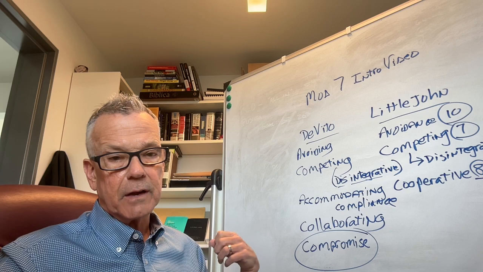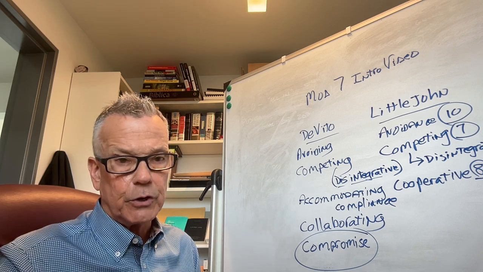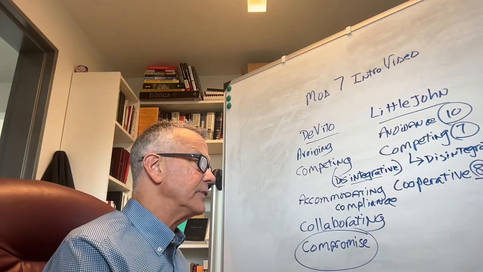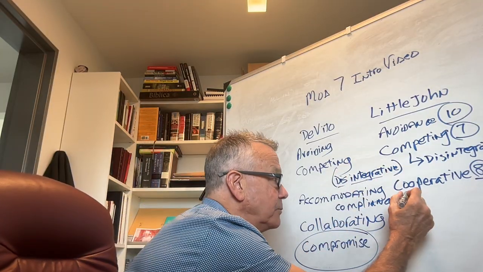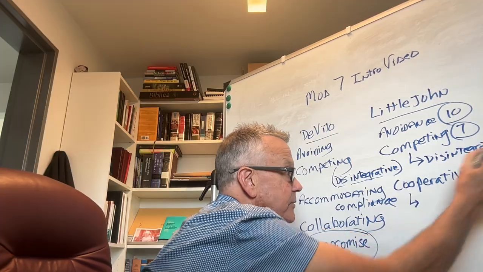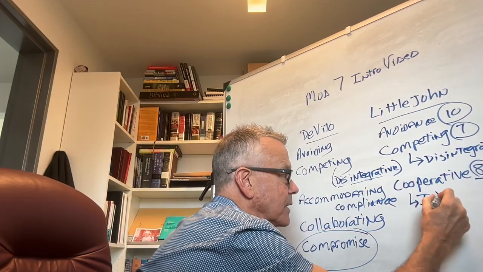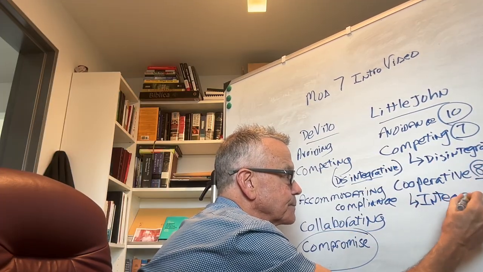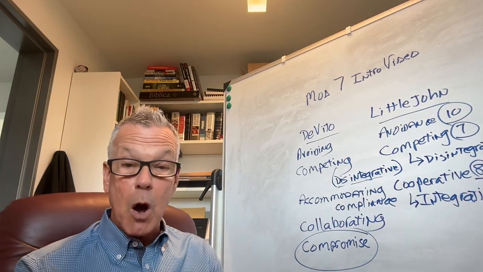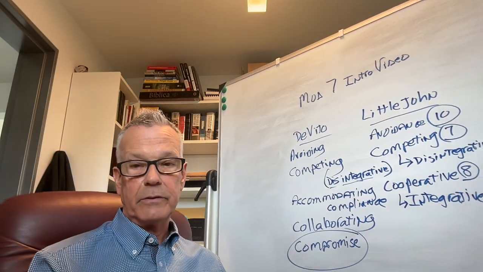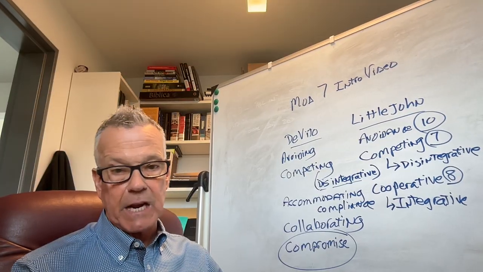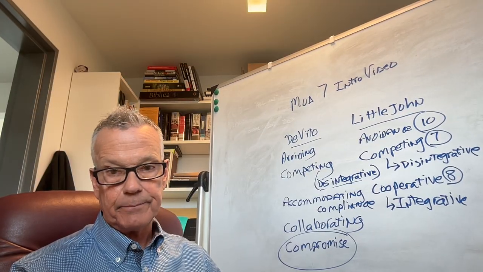Things like soliciting disclosure and soliciting criticism. And you can look at the list and see those behaviors there. These behaviors are called not disintegrative behaviors, but integrative behaviors. These behaviors promote wholeness. They promote the lack of fragmentation in relationships.